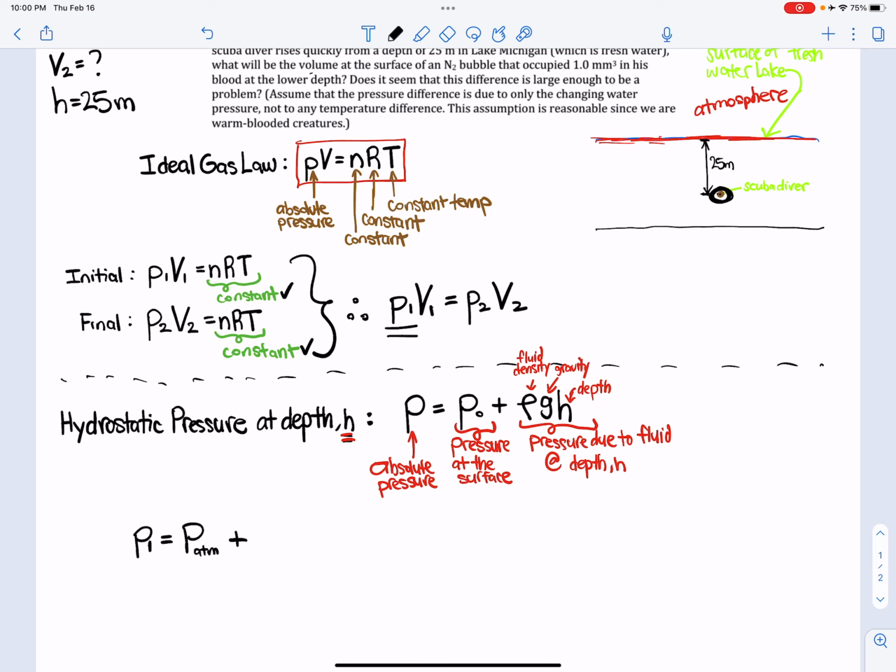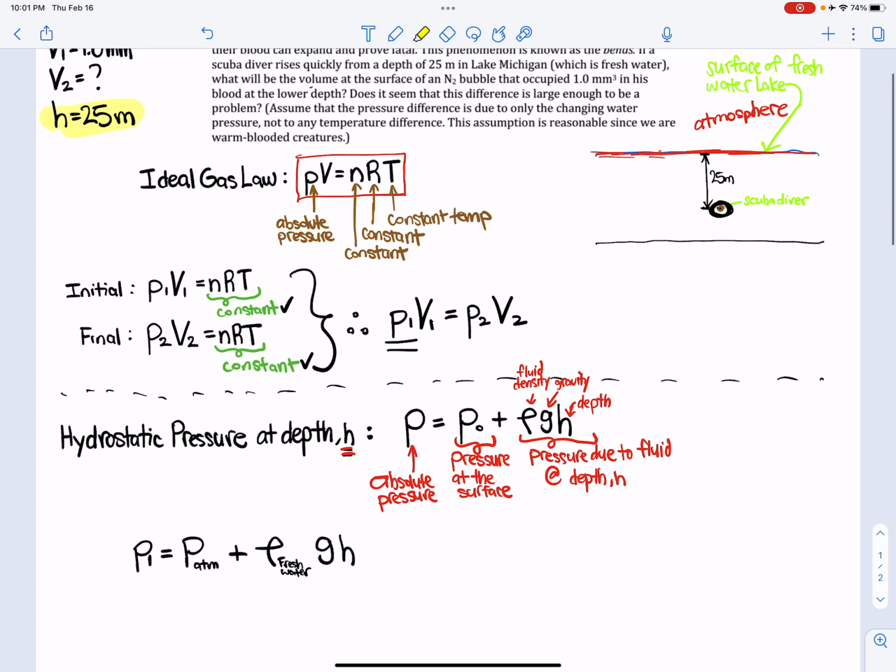Plus density, rho, of fresh water, so fresh water density, times gravity times the depth that we have, which we know right here. It's 25 meters, okay?